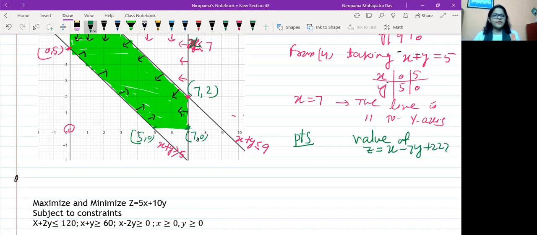Starting with the point 0, 5: it is 0 minus 35 plus 227, so 227 minus 35, you get 192. Then you have 0, 6.